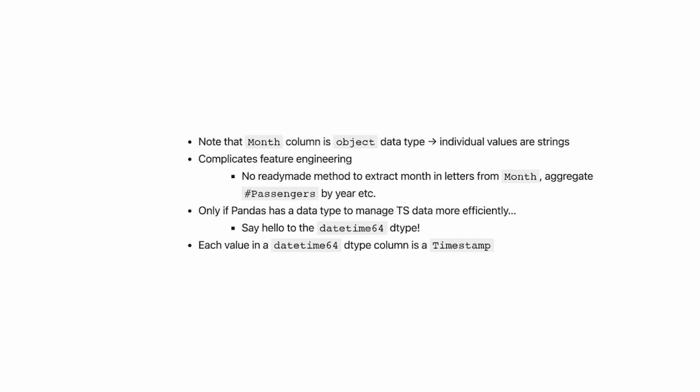Would it not be nice if we could have a data type that is tailor made for time series? Well, say hello to the datetime64 data type, where each element of a column of datetime64 is a timestamp object. A timestamp object is very similar to the datetime object that you would find in the datetime module in the Python standard library.